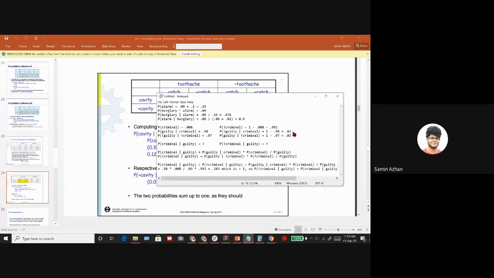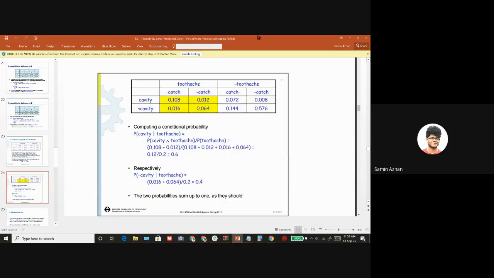Do you remember the probability of guilty given criminal? That was given as 0.98. So we were sure that the probability of not guilty given criminal should be 1 minus 0.98. So these two values should always add up to 1. We already used these concepts.